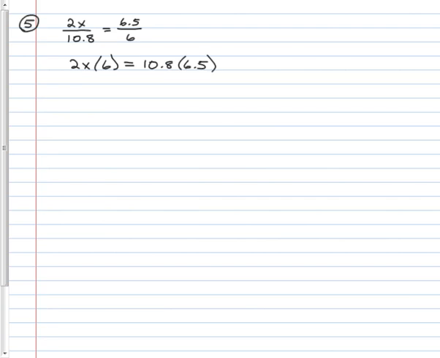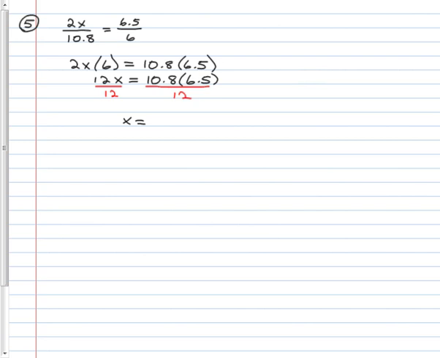So if I go 2x times 6, we would have 12x equals whatever 10.8 times 6.5 is, and right now it doesn't really matter, because what we're looking for is the x. So if I divide by 12, I can figure out what x is going to be.